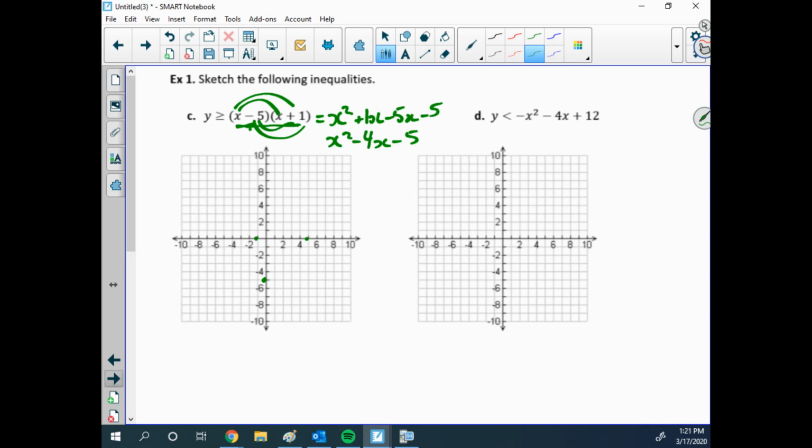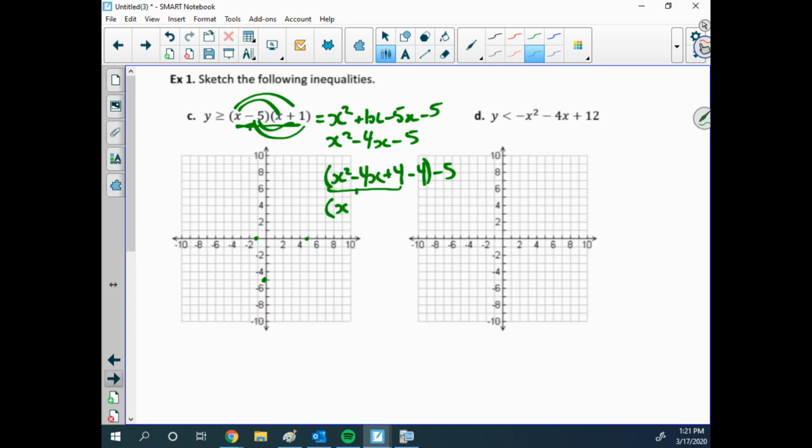And if I want to complete the square, I could do that just so I can figure out exactly where the vertex is. So I could go x squared minus 4x. So I take that, divide it by 2, and square it. So negative 4 divided by 2 and squared is 4. So I plus 4, minus 4, and minus 5 here. And now I need to complete the square with this.